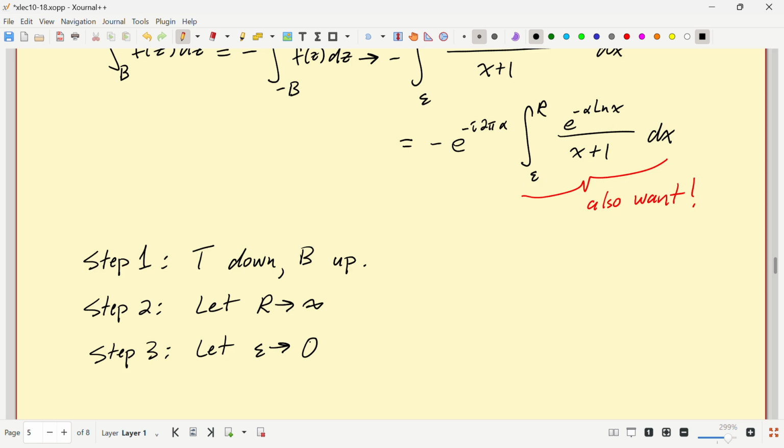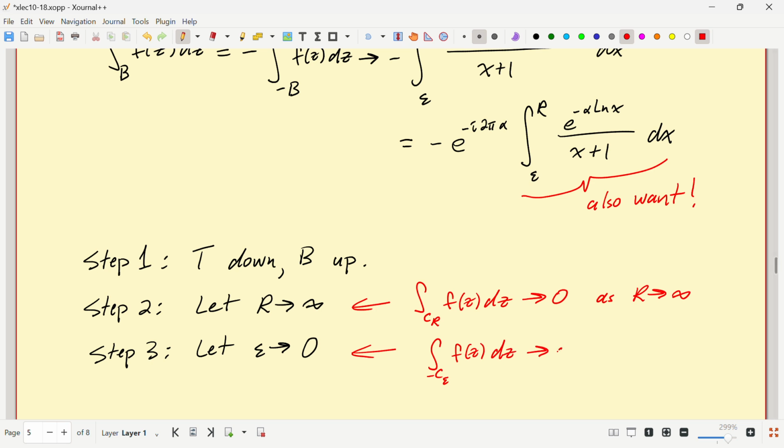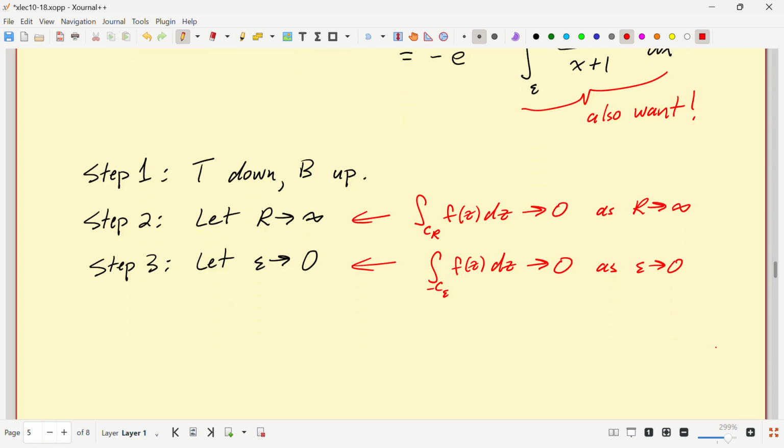Okay, and here the key is that the integral along c sub r of my f of z dz goes to 0 as r goes to infinity. And my integral along c sub epsilon goes to 0 as epsilon goes to 0. So step 4 would be the residue, the answer.